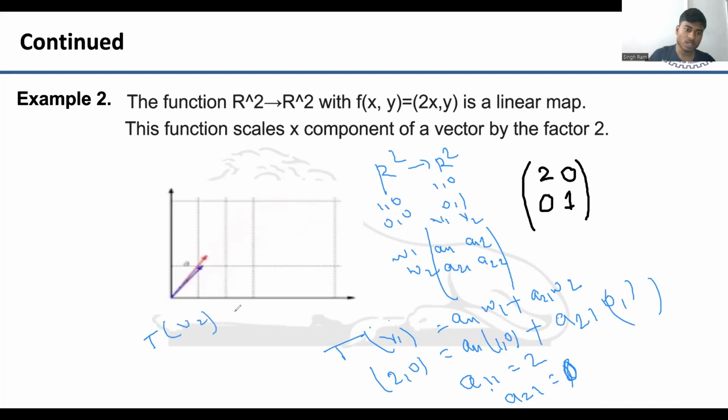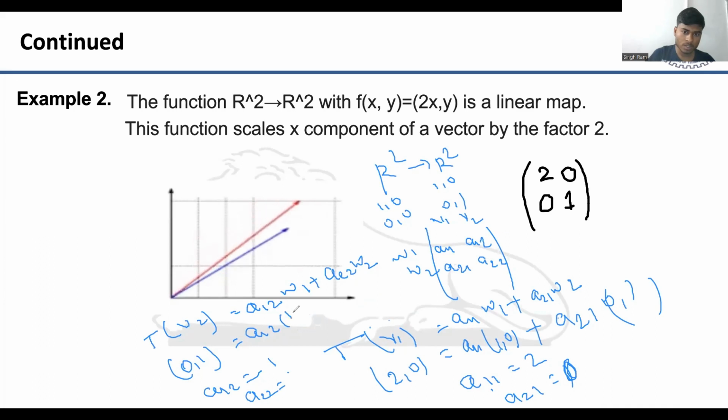Similarly, that will be A12 into W1 plus A22 into W2. If we put V2 as 0 1, then we get 0 1. That will be A12 W1 plus A22 W2, which is 0 1.